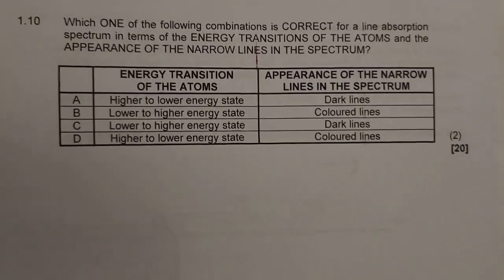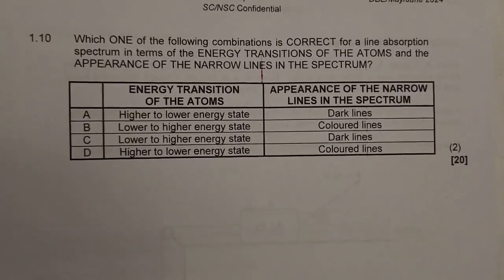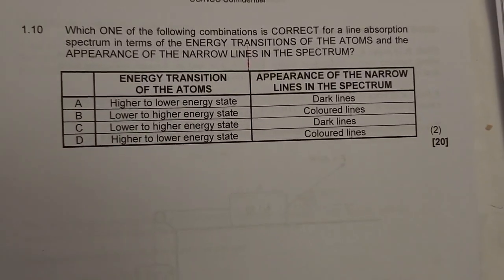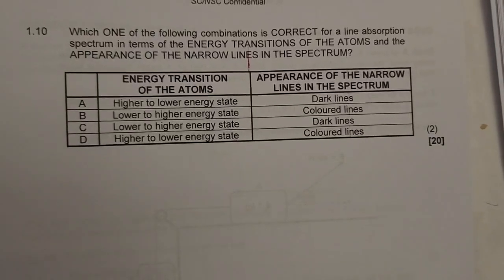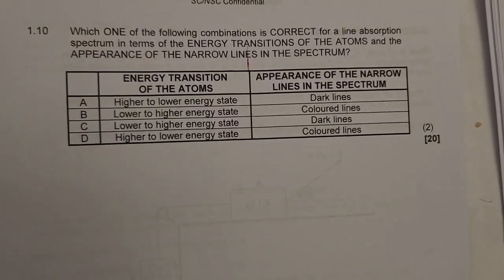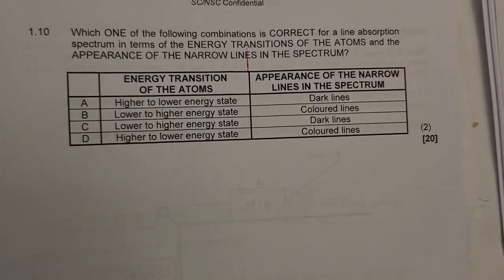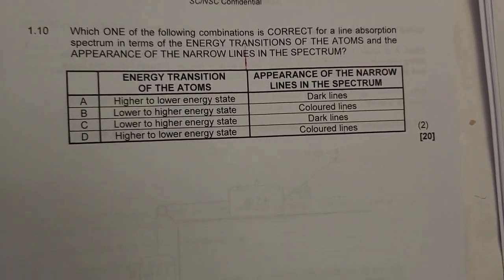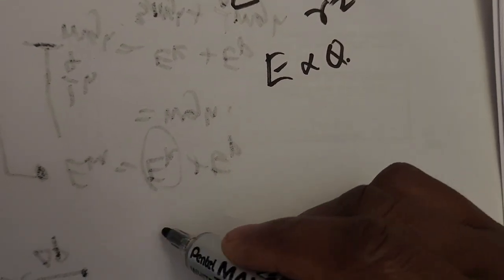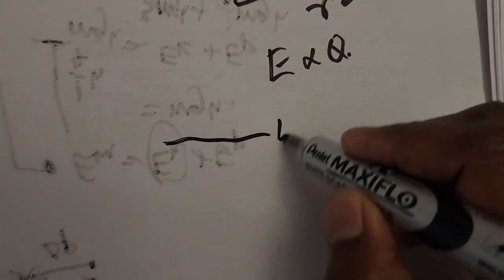This is the photoelectric effect question. Now they say, which one of the following combinations is correct for a line absorption spectrum in terms of the energy transition of the atoms and the appearance of the narrow lines in the spectrum? Remember, in absorption we have energy levels.